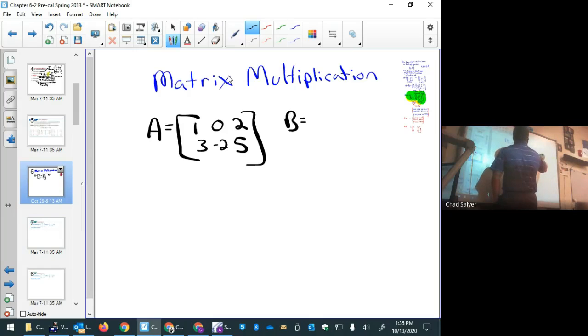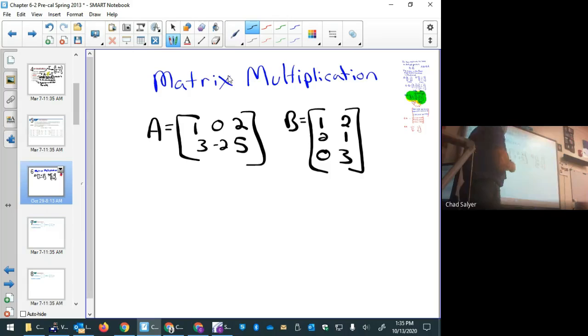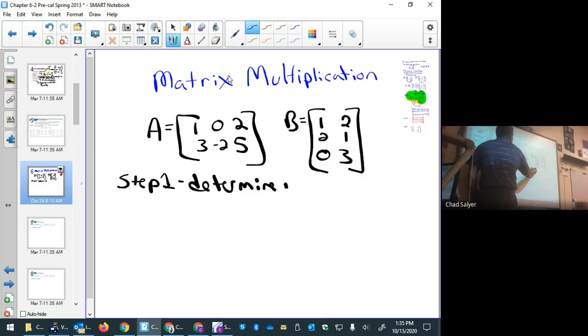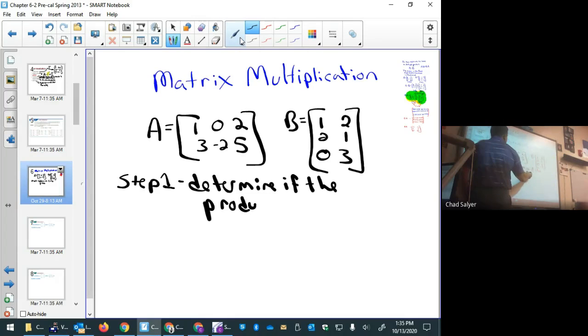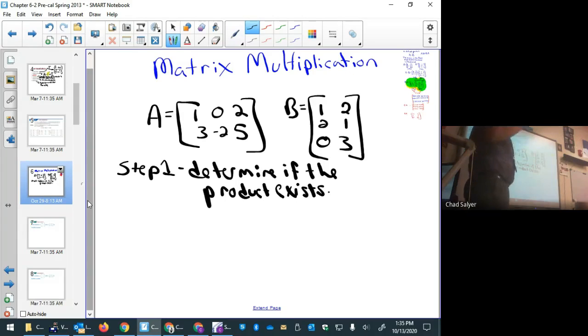And B is going to equal 1, 2, 2, 1, 0, 3. So step 1 in matrix multiplication is to determine if the product exists.